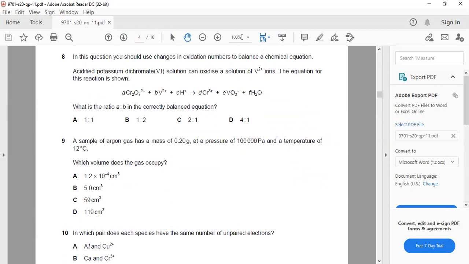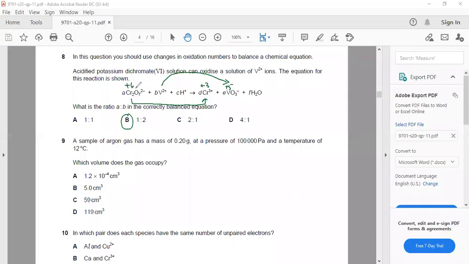I give you time. The answer is that when you balance it, it will be 1 is to 2. But you have to balance it according to the oxidation number method that I taught you. Okay, and after the class you have to send it to me.